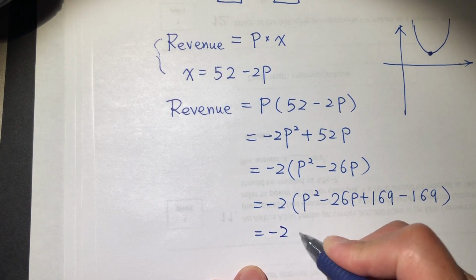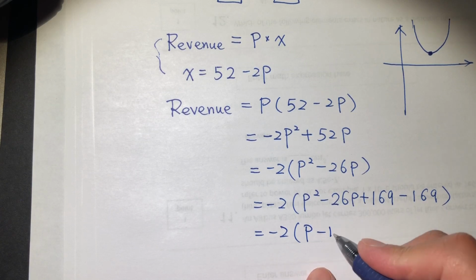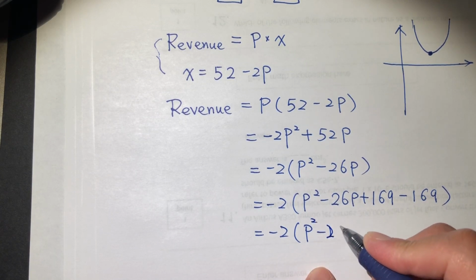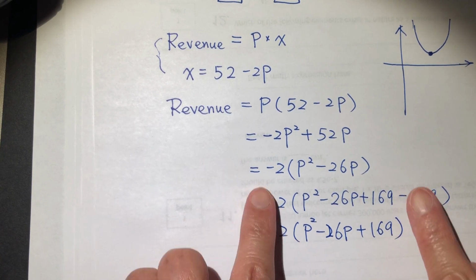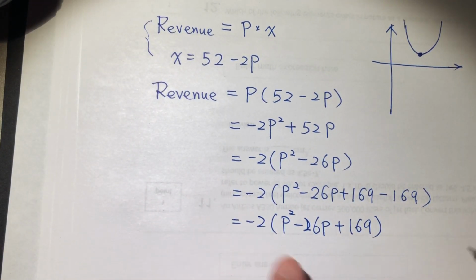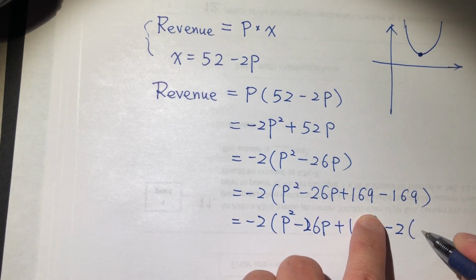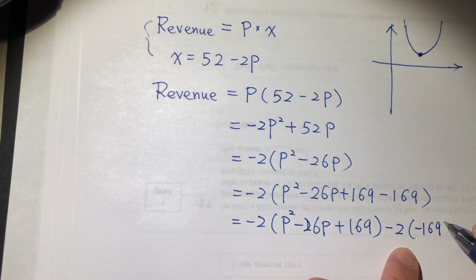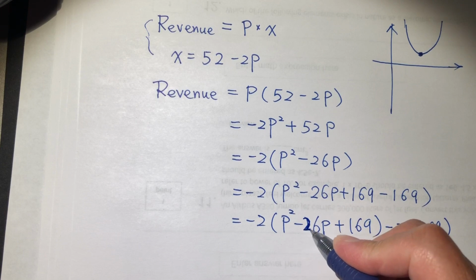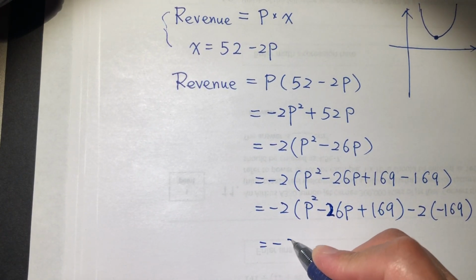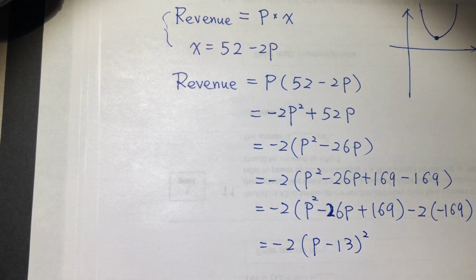So negative 2 times P minus 6. Okay, I will still copy it, not in a rush. This first part we figure out, minus negative 2 times negative 169. Now it is complete. Now I make it step by step equal to negative 2 times (P minus 13) squared, right?